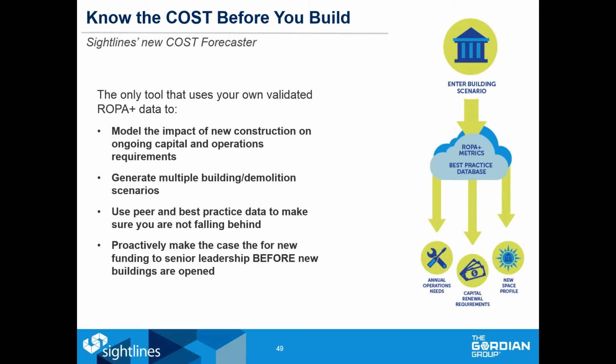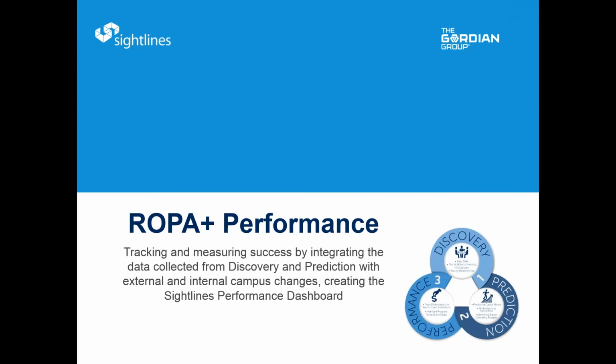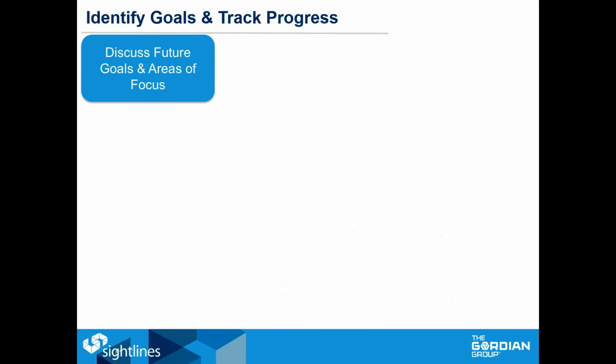We also have performance analytics that not only help you develop a plan for particular metrics, but help monitor your progress towards those objectives. Our discovery process helps you determine what future objectives are and determine areas that you want to focus on.